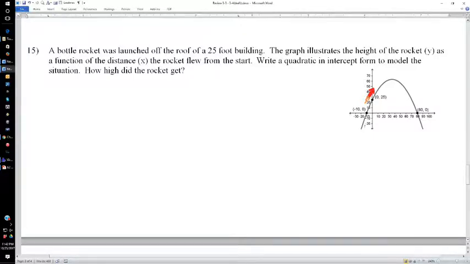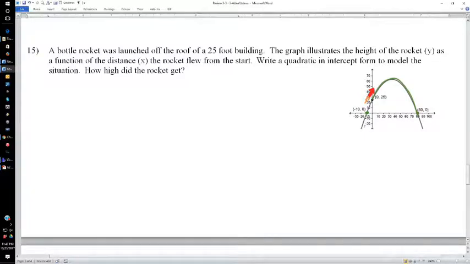Okay, so first thing to note is, yes, it was started here, but it went all the way over here and landed there. However, if we follow the parabola back, that would be the intercept at negative 10, 0, and this intercept at 80, 0. Even though the rocket didn't fly there, that's the path it took.